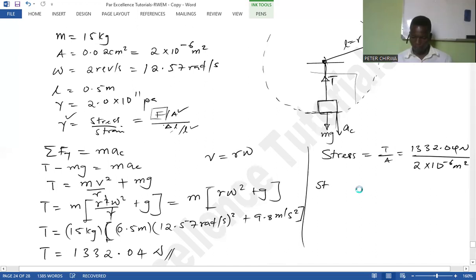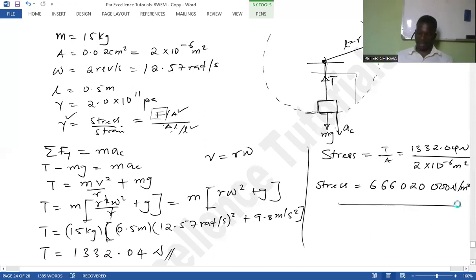So I get stress to be 666.02 times 10 to the 6 Newton per square meter. So that is our stress that we found.